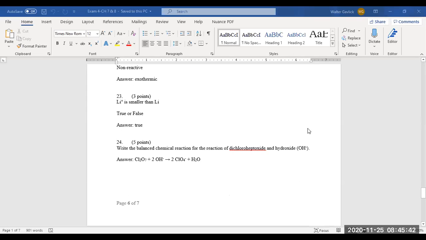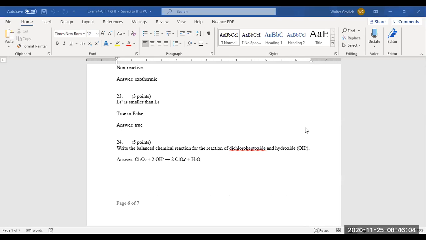24, which was probably everyone's favorite question on the exam. Write the balanced chemical equation for the reaction of dichlorine heptoxide and hydroxide. So first thing you needed to do was figure out that dichlorine heptoxide was Cl2O7.